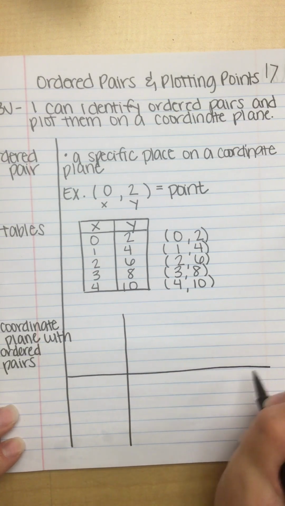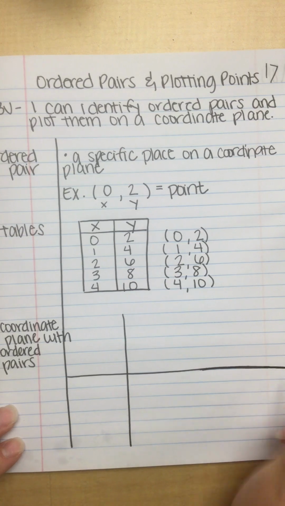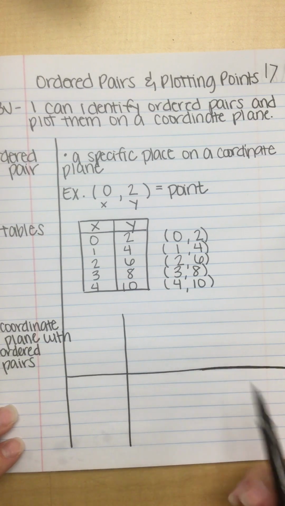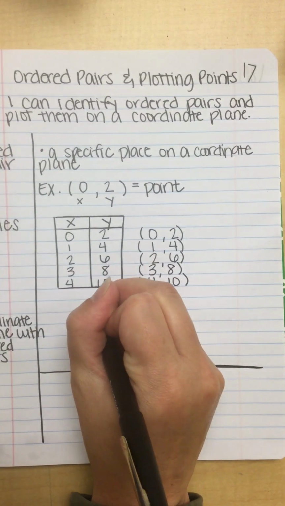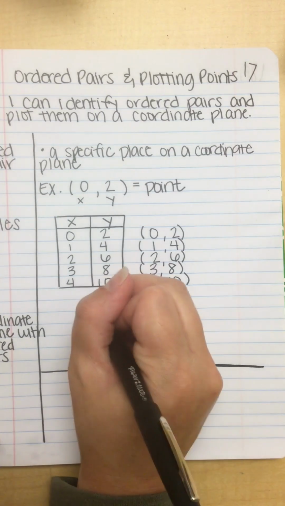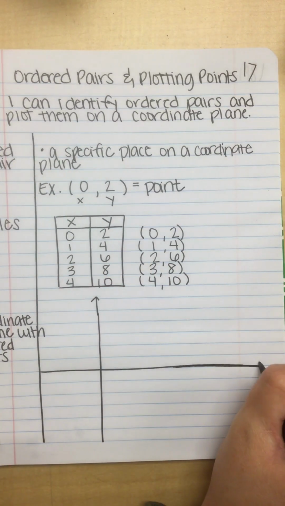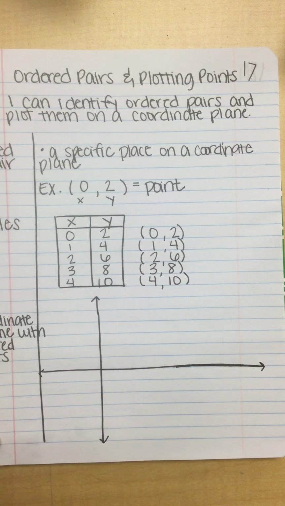And since we only use quadrant 1, I'm going to make that one a little bit bigger than my other quadrants. Remember, these lines can go on forever, so we need to draw arrows. And then I'm going to go ahead and put in some numbers to label.